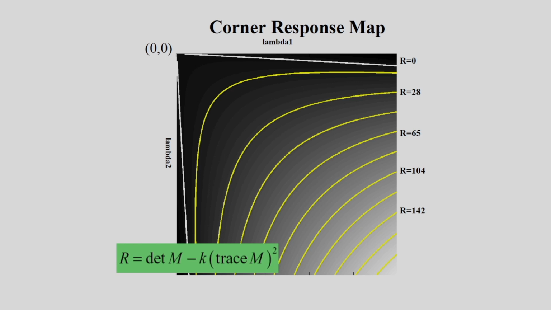Here you can see the corner response map, where I am considering lambda 1 in this direction and lambda 2 in this direction. I am determining the response mainly from the determinant of M and also from the trace of M, and you can see I am showing the responses. Response will be 0, response is 28, like this I am considering all the responses in the corner response map.